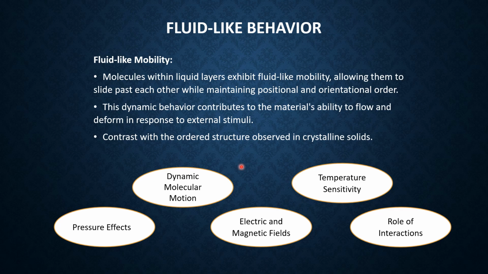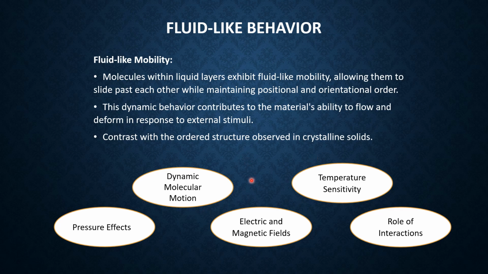In contrast with the ordered structure observed in crystalline solids, they exhibit two properties: one is fluid properties, the other is crystalline properties. This ability to flow like a fluid is in contrast with crystalline solids. Now we'll see these behaviors in detail.